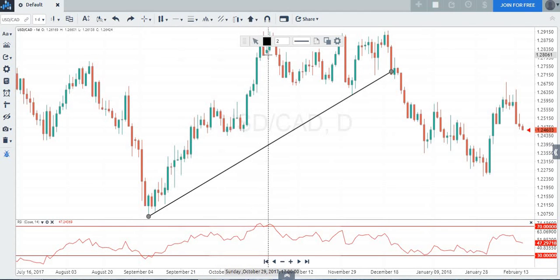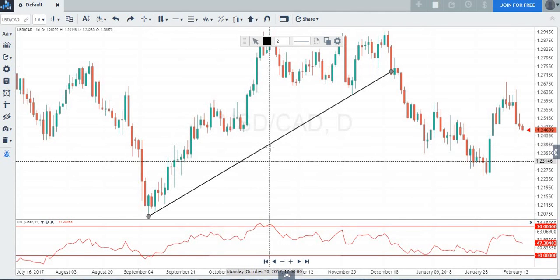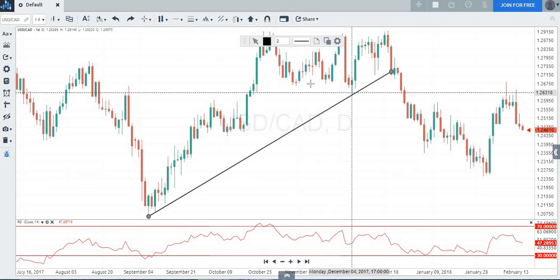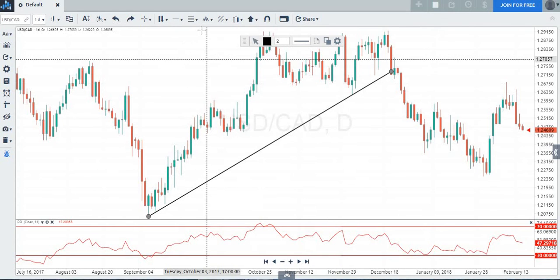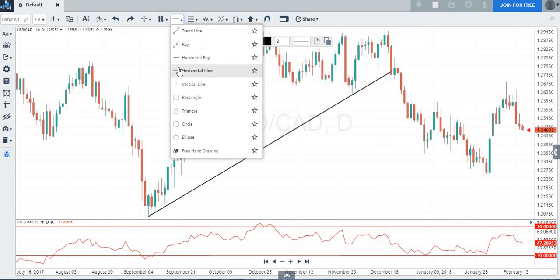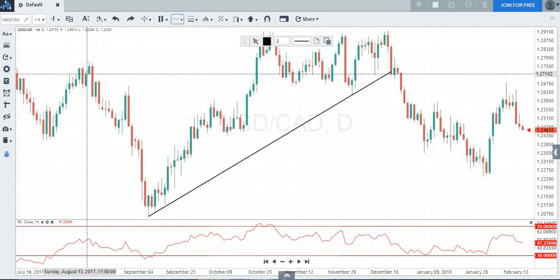It's only when we get into a situation over here where we start seeing that, hey, you know what? Even though the market is going up, it looks like we got some type of support forming over here, right?